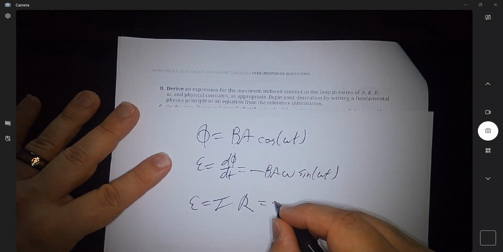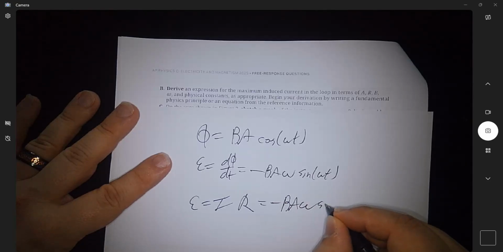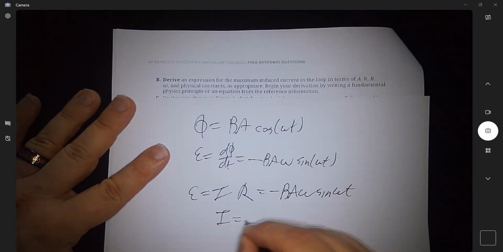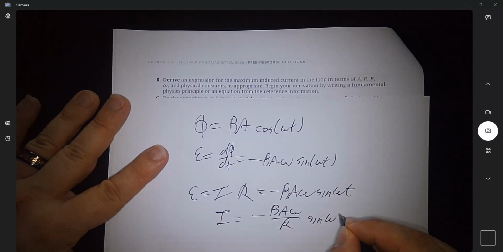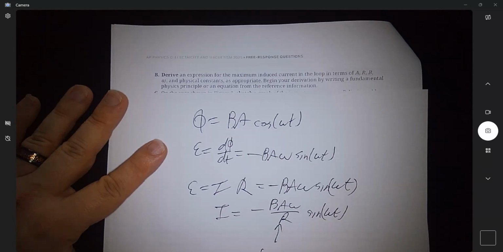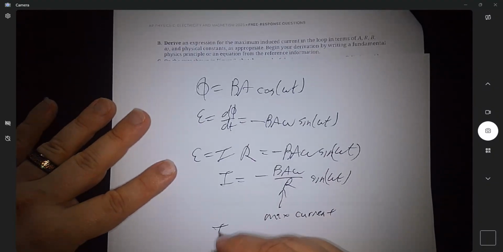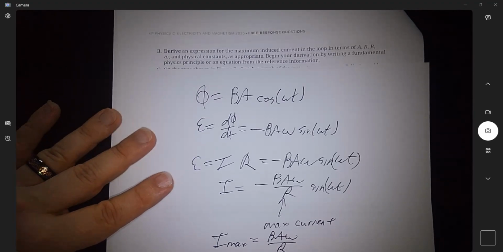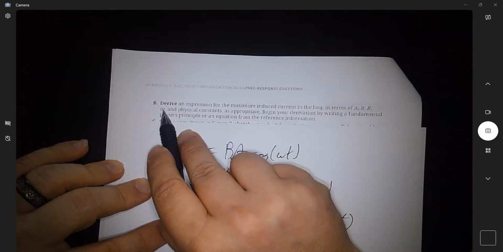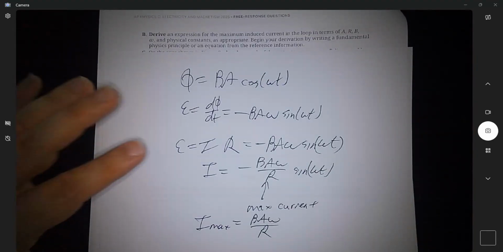So I is going to equal negative BA omega over R sine omega t, and that is maximum current because the highest value that sine can come out with is 1. So BA omega over R. A, R, B, and omega, that's what I'm allowed to have. Well, I did that. Okay.